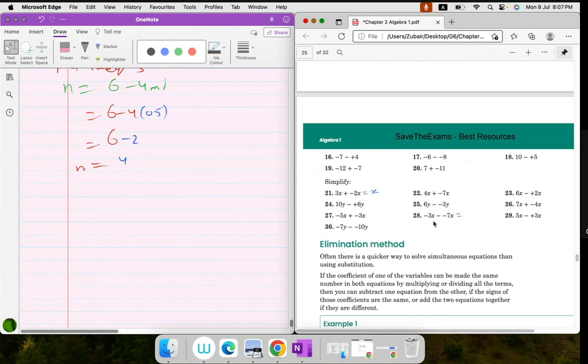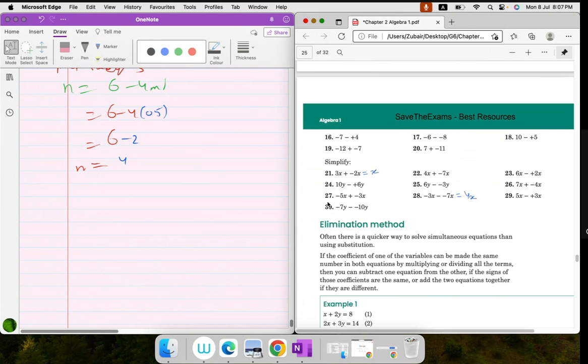This is 7 and 3, 4x. Yes, sir, 4x. Number 30, minus 7y plus 10y. It will be 3y. So 3y. Okay.